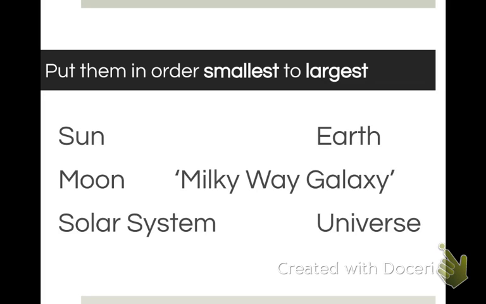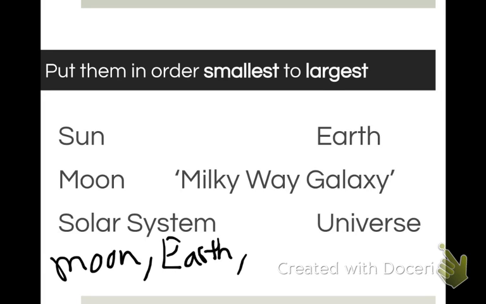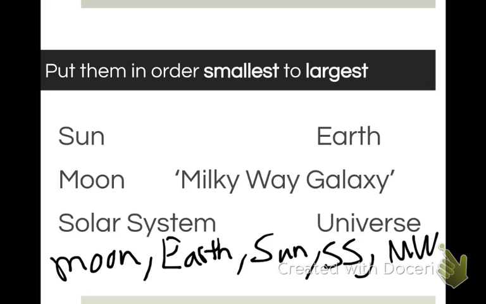Okay, so let's go ahead and look at the answers. So the smallest one is going to be first the moon. So the moon is the smallest, followed by the earth. After the earth is going to be the sun. After the sun is going to be the solar system. The solar system is in the Milky Way, and everything is then in the universe.